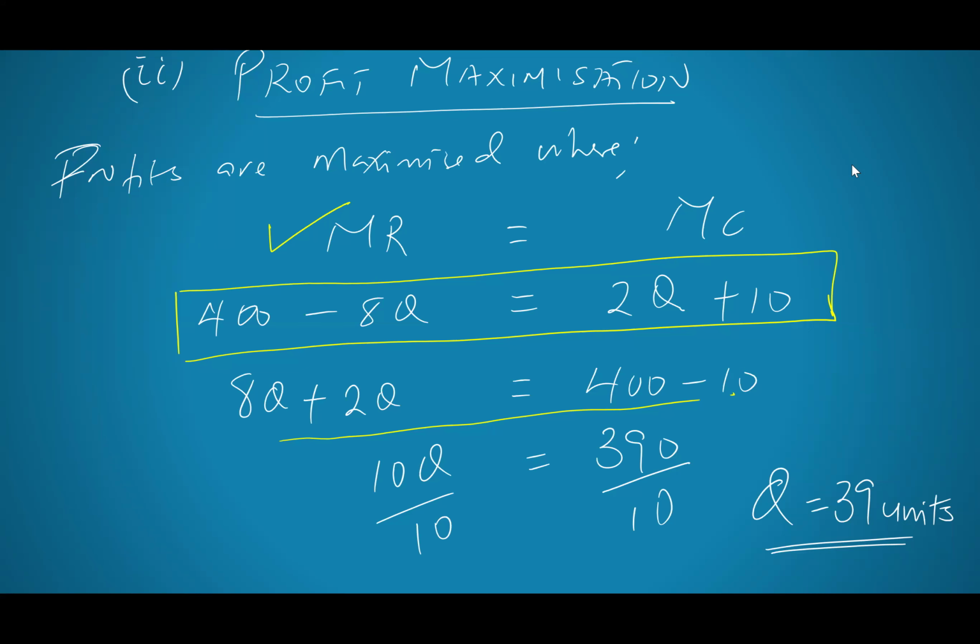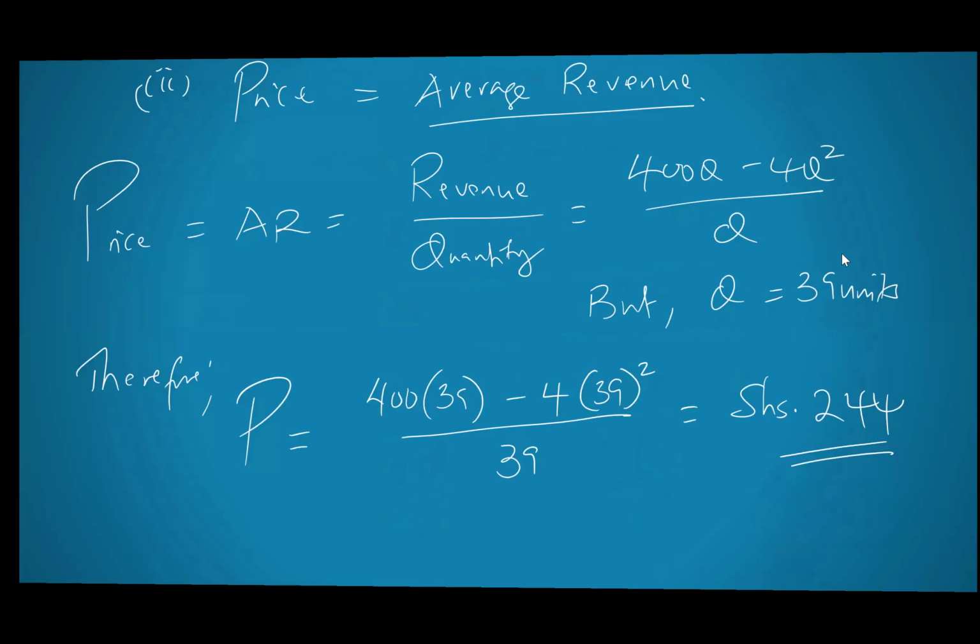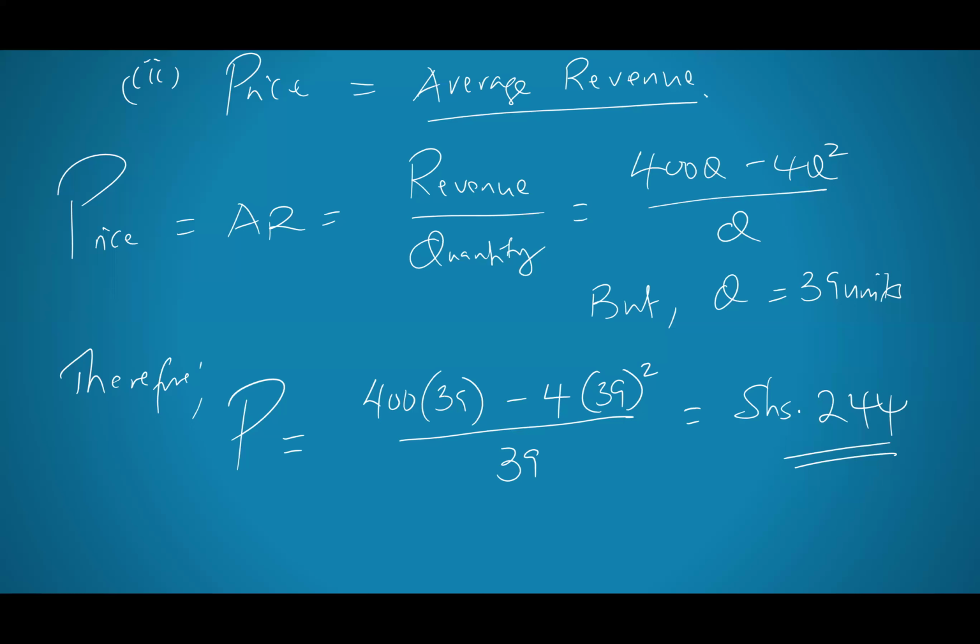Okay, so if this is okay, we go to the price at which we shall sell. Now, as I've mentioned, price is the average revenue, which is going to be revenue divided by the quantity. So our revenue function is 400Q minus 4Q squared divided by Q. But we have already got the Q as 30 units.